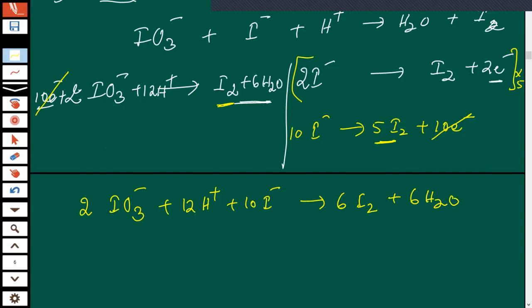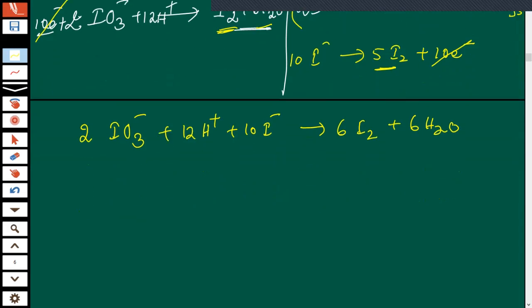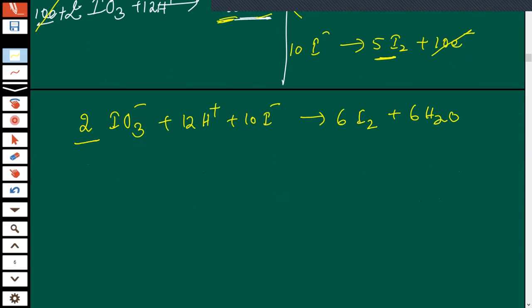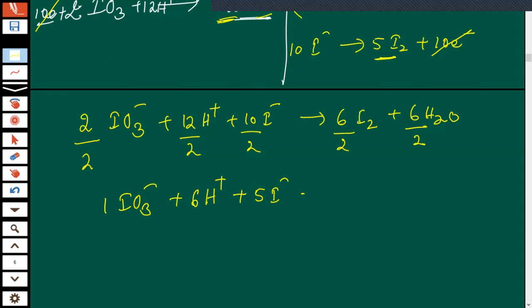Only 2 items are there in common, so now you can divide by 2. You will get 1 IO3 minus plus 6 H plus plus 5 I minus gives you 3 I2 plus 3 H2O.